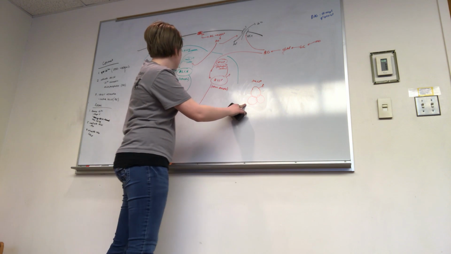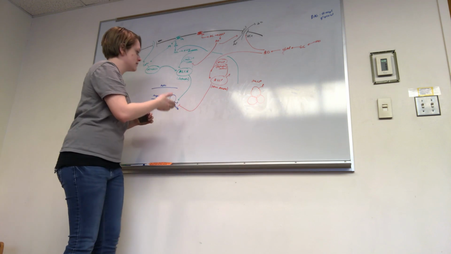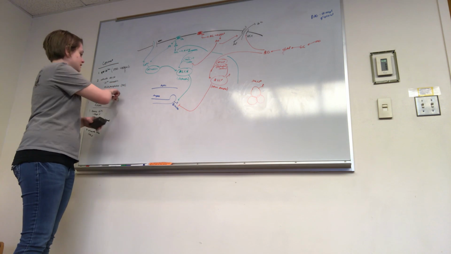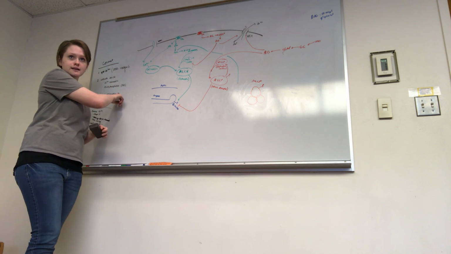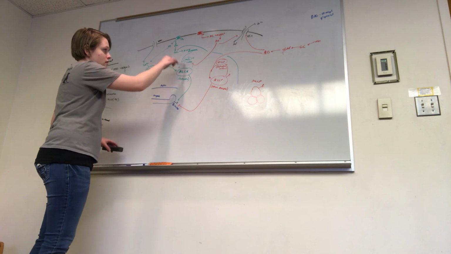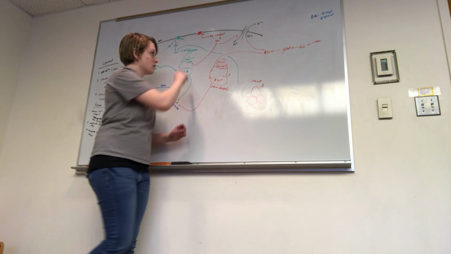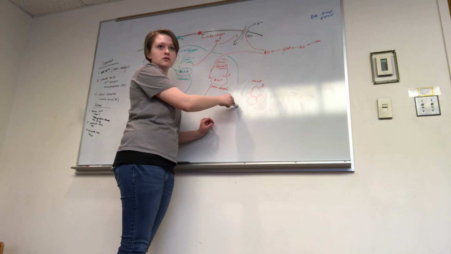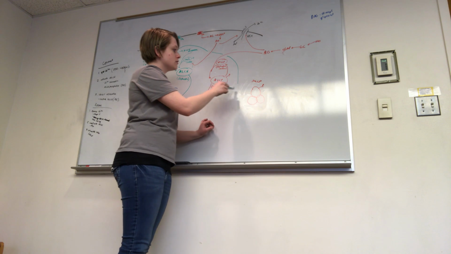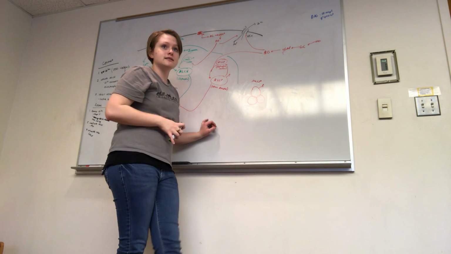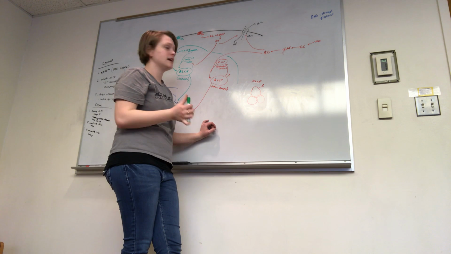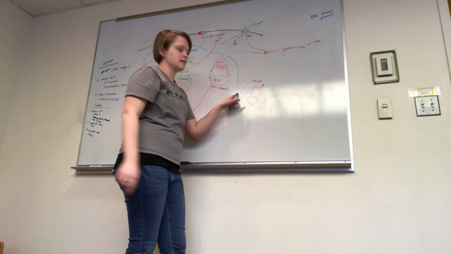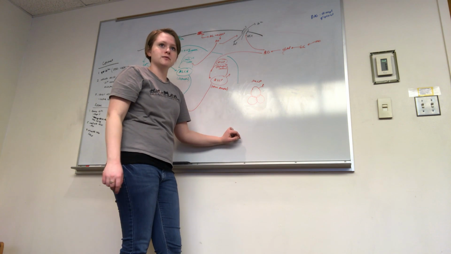So PKC is over here, and it's your great stimulator of contraction. Part of stimulating contraction is inhibiting relaxation. That goes hand in hand. So while it's doing all this stuff, it's also got its little nose over here in myosin light chain phosphatase saying you can't do what you want to do. So the inactive form of MLCP is dephosphorylated. If I tell you that protein kinase C is dephosphorylating myosin light chain phosphatase, how is that possible?